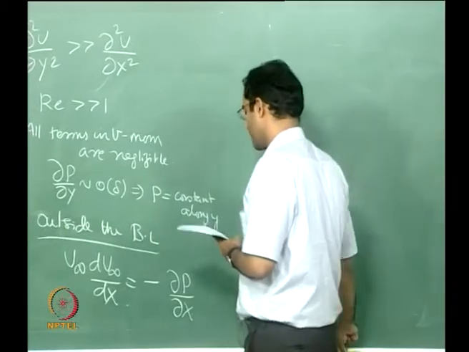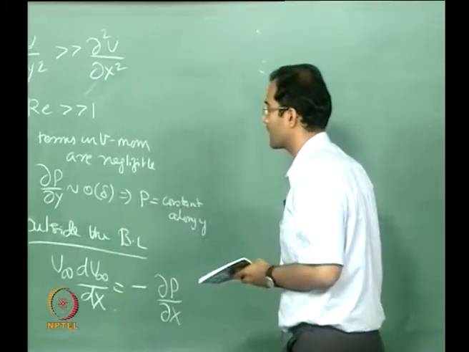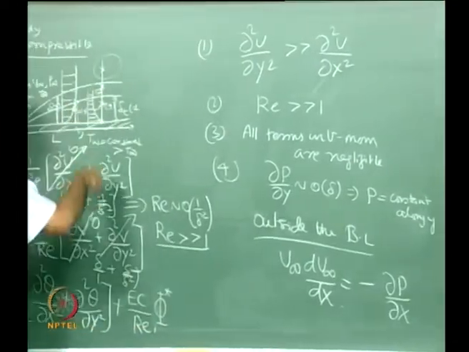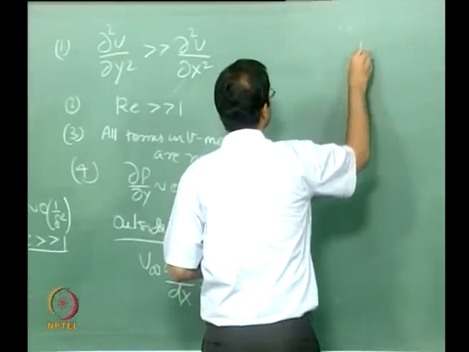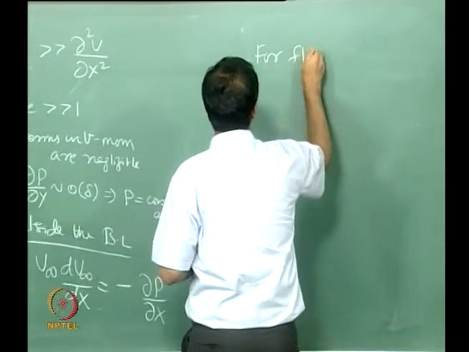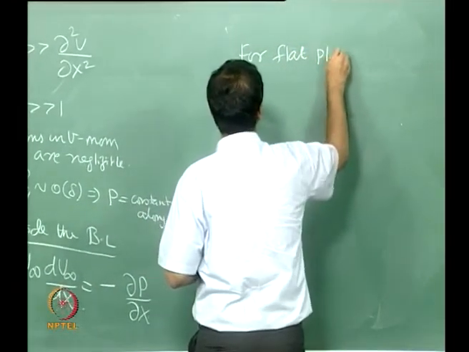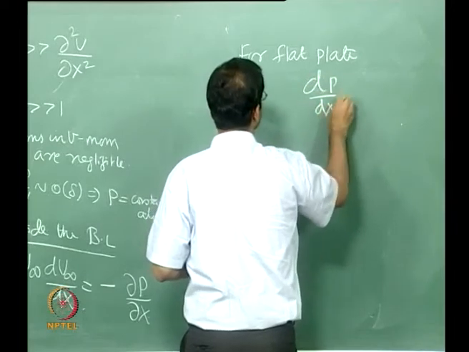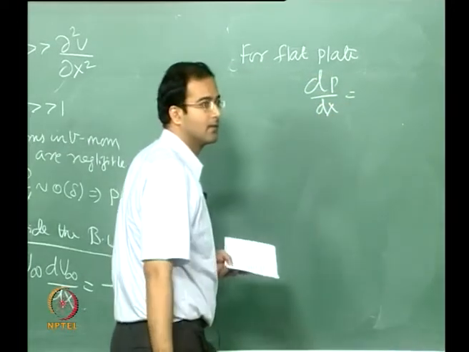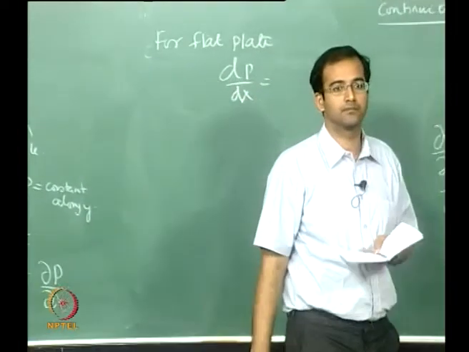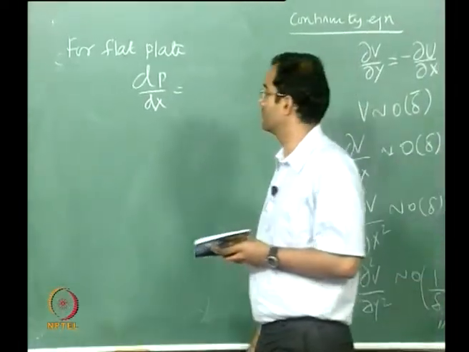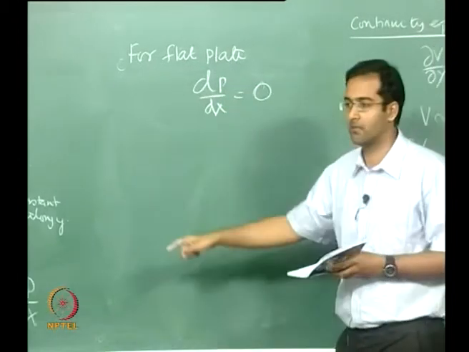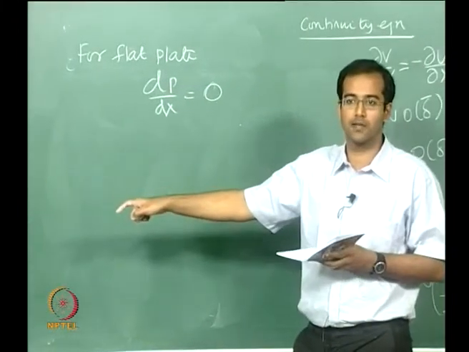If you do not have any velocity variation, that is for the flat plate flows that we are looking at now, you can safely say my dp/dx is what? 0, because my free stream velocity is not going to vary.